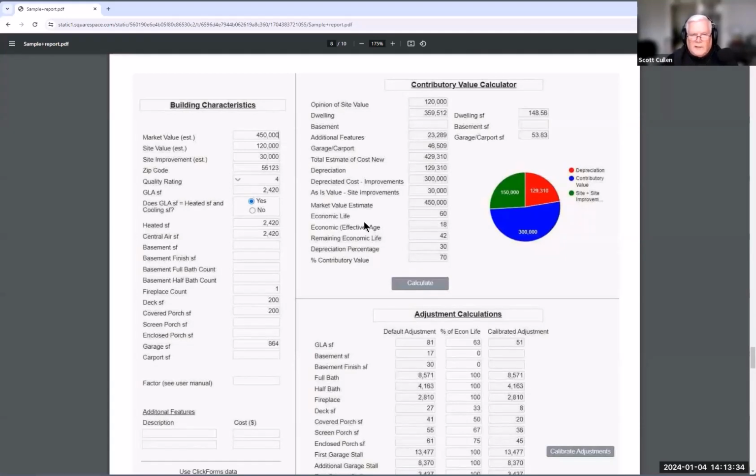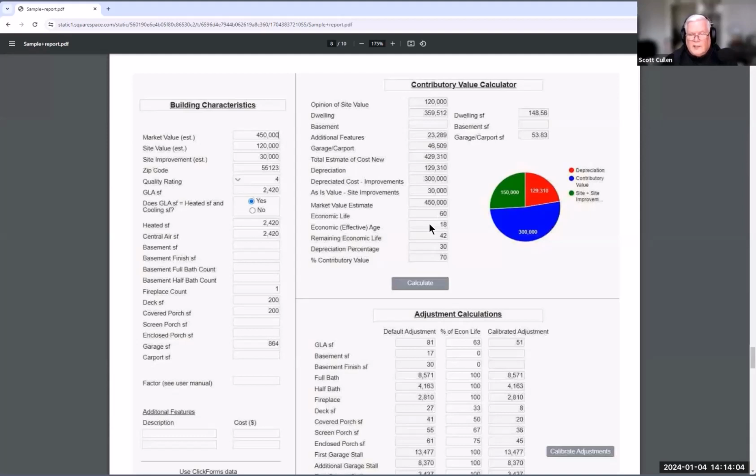And the way that effective age is calculated, we know the depreciated cost is 300, right? That's that 450 minus 30 minus 120 is 300. The cost new is 429, so there has to be 129 of depreciation, and 129 divided by 429 is 30% depreciation. 30% of the 60-year economic life is 18 years effective age.